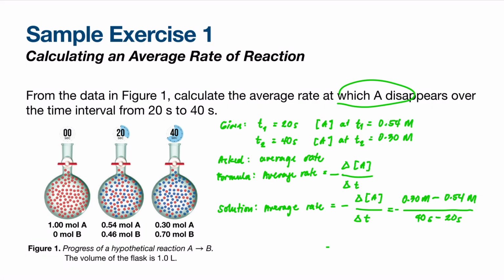With this, we will end up with our answer as 1.2 times 10 raised to negative 2 molars per second, or molarity per second. Therefore, the average rate at which A disappears over the time interval from 20 seconds to 40 seconds is 1.2 times 10 raised to negative 2 molarity per second.